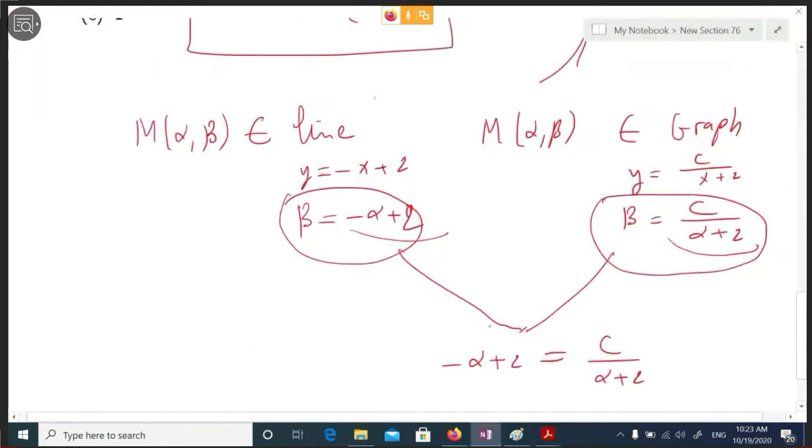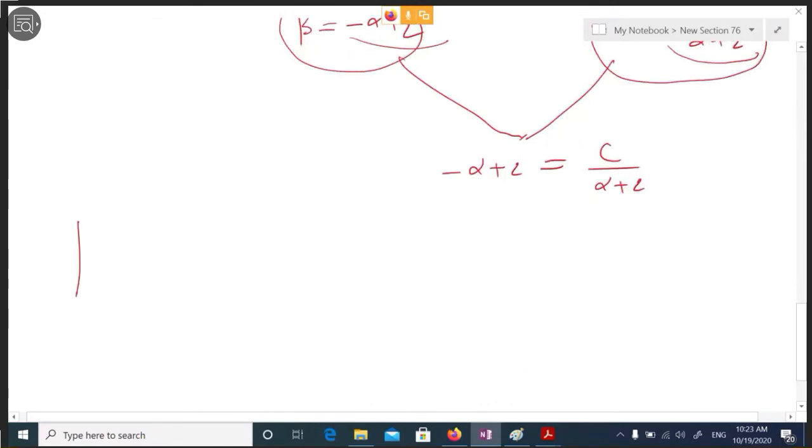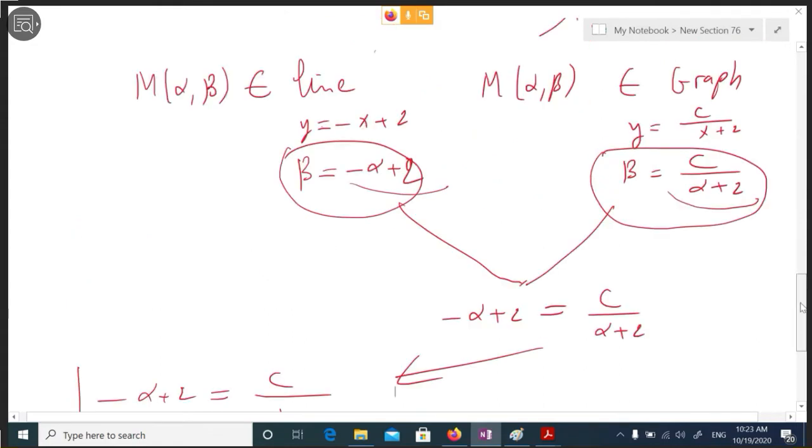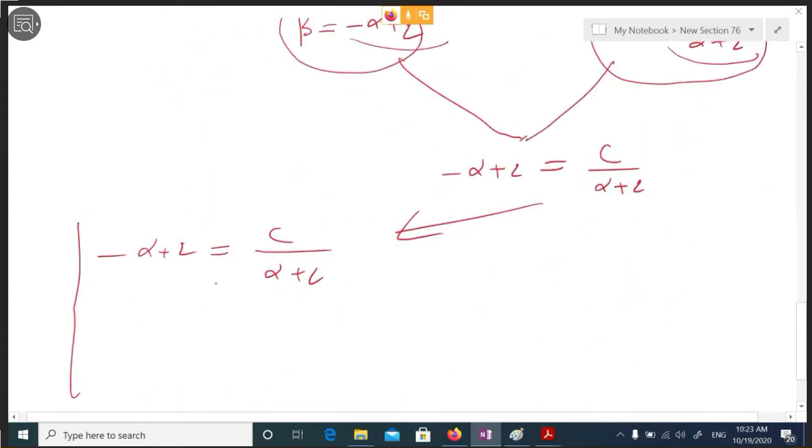Okay, so now I have two equations. The first one is given by the derivative: minus 1 is minus C over (alpha plus 2) squared.